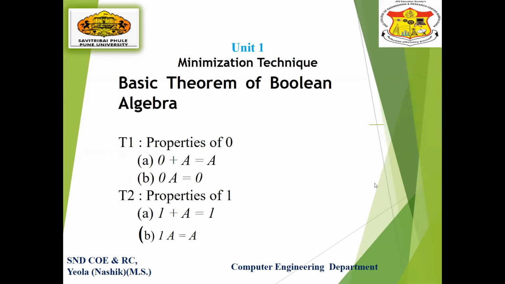Then we know the implementation idea, we have the different laws and the different Boolean functions. Before the minimization techniques, before we go for the K-map, Boolean reduction technique, and the Quine-McCluskey methods, you should go through the different properties.